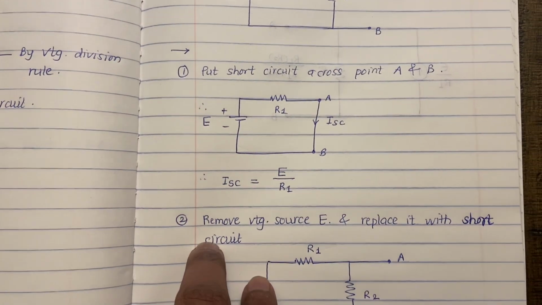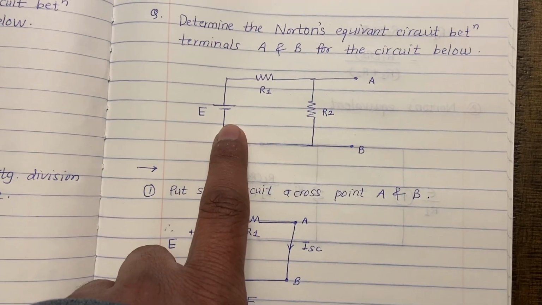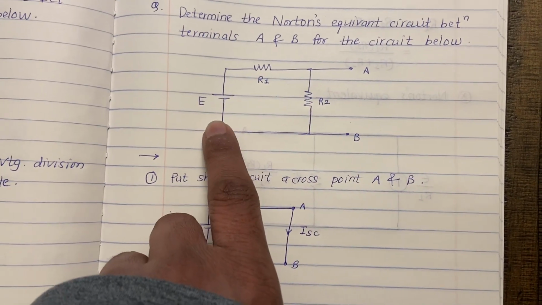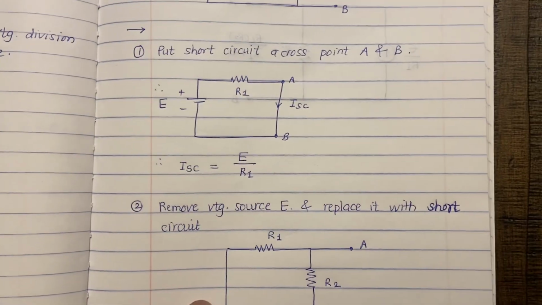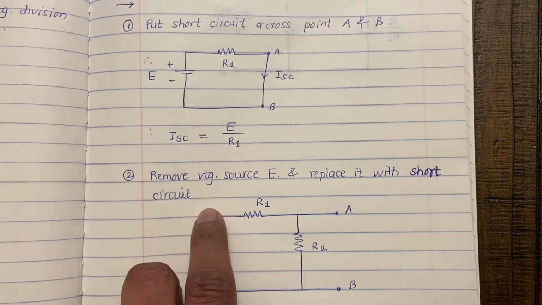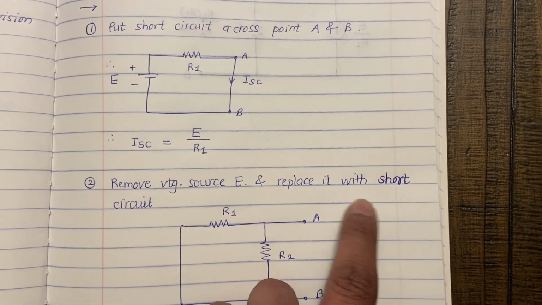What is the second step? In this circuit we have a voltage source, so we have to short circuit it. I have done that here: remove the voltage source E and replace it with a short circuit.